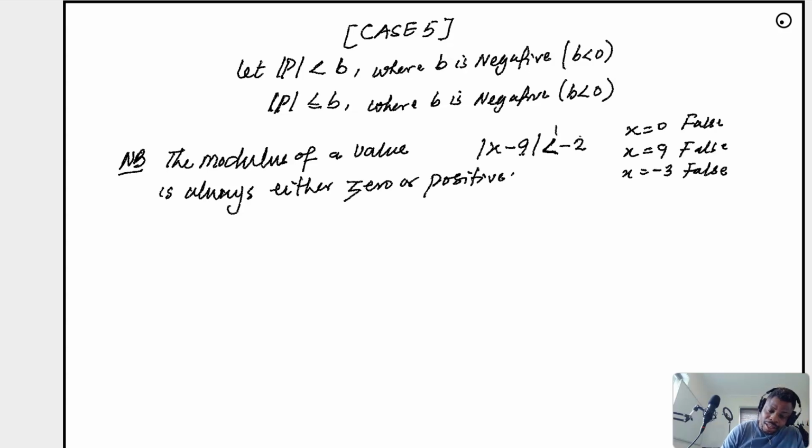So if the modulus is less than 0, or negative, then no solution.